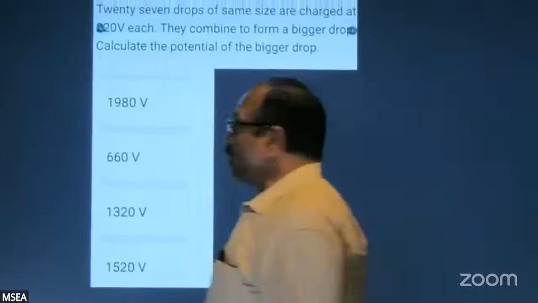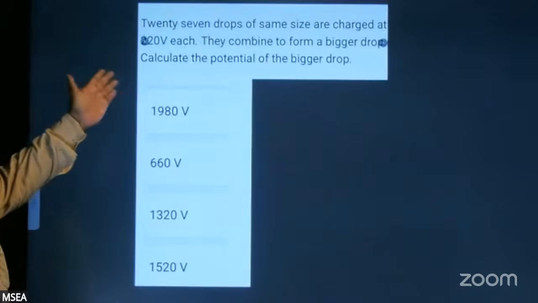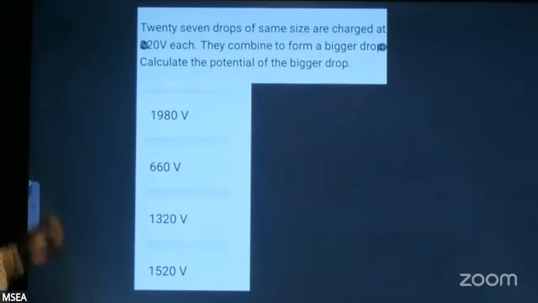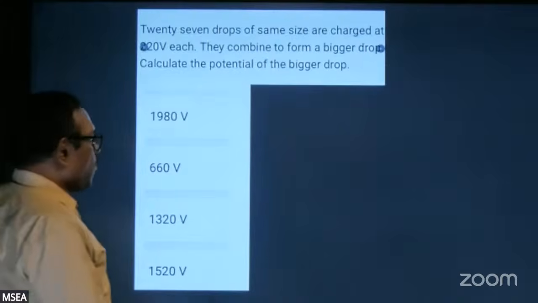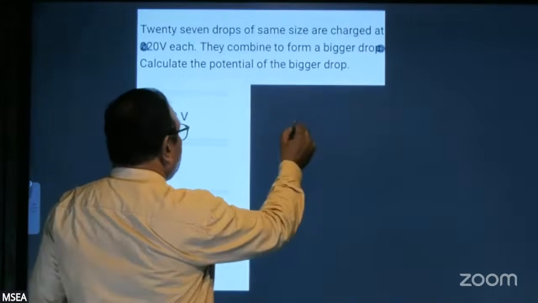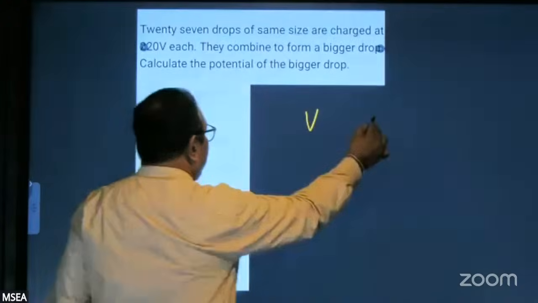Now, let us take 27 drops of the same size. This is a different one. Each charged to 220 volts, they come and form a bigger drop. Calculate the potential of the bigger drop. We have a formula. Let each potential be V, and there are N drops.